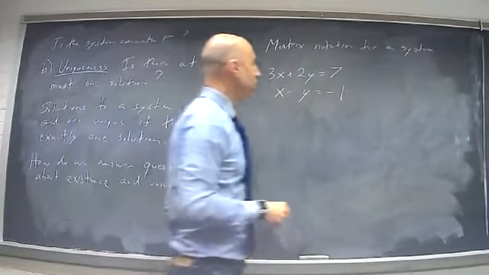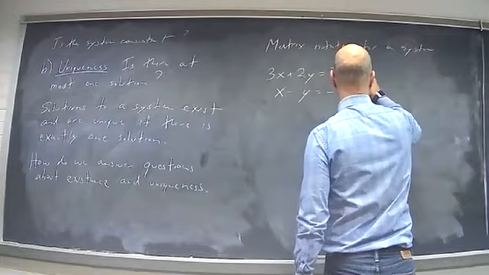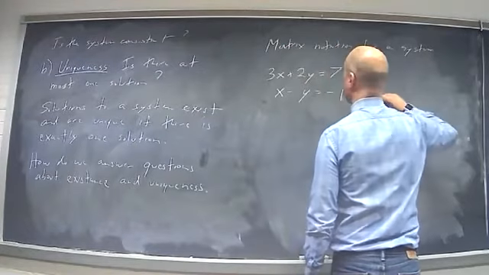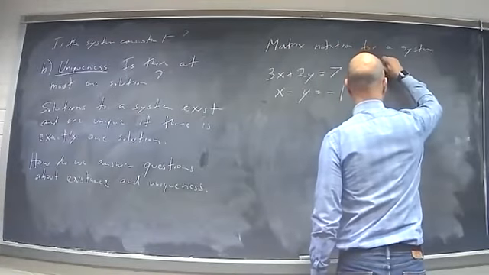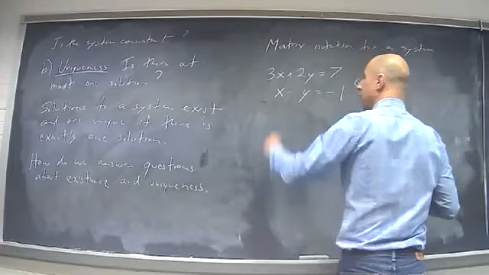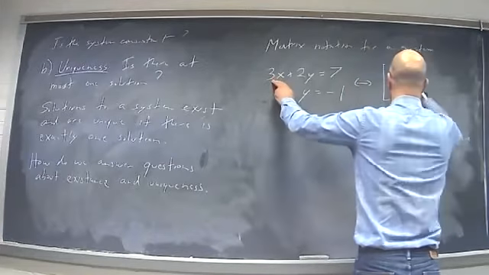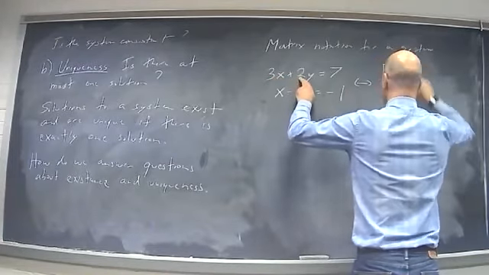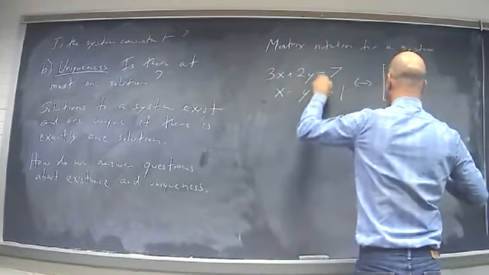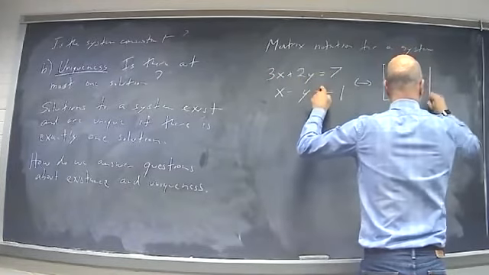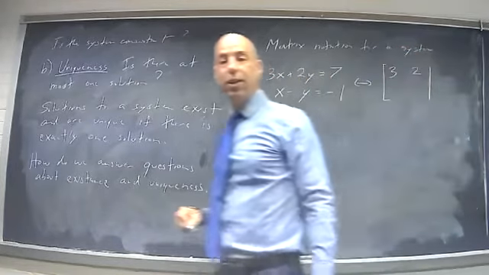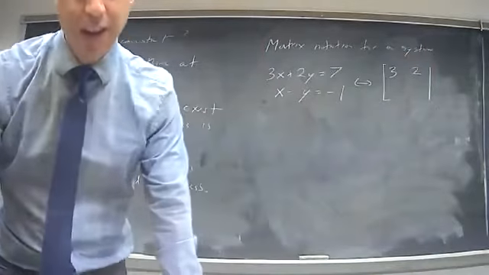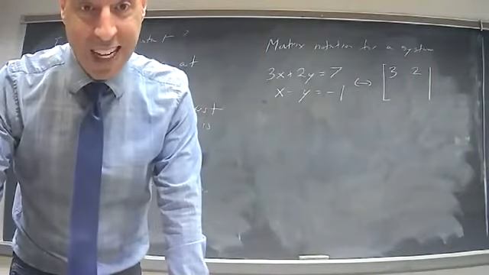The equivalent matrix would look like this. You just take the coefficients, 3, 2, and where the equal signs are, I'm going to put a vertical bar. Your textbook leaves that out. I'm going to put it in. I think it makes it clearer.